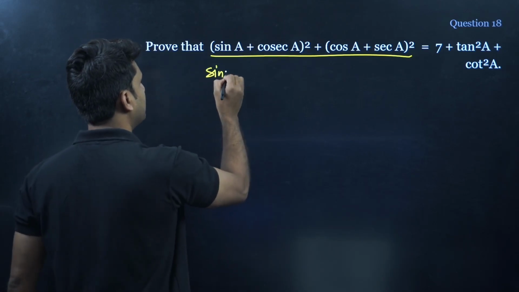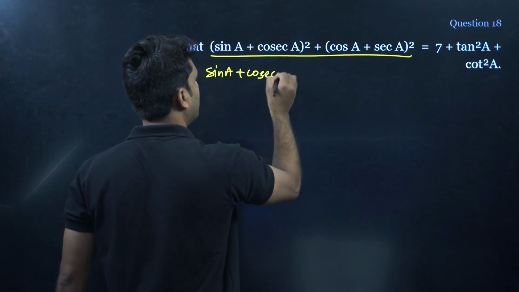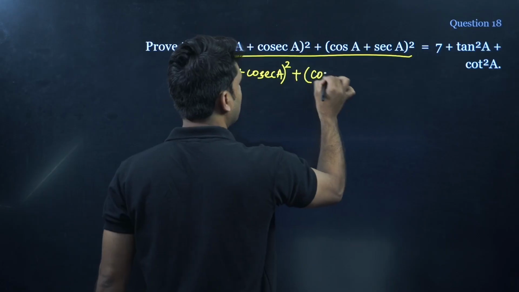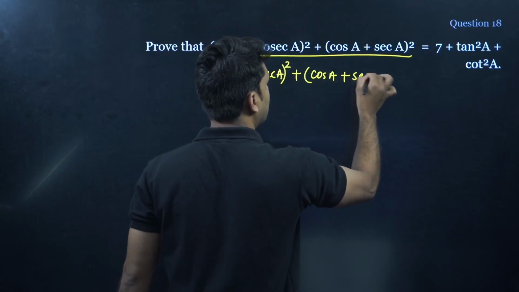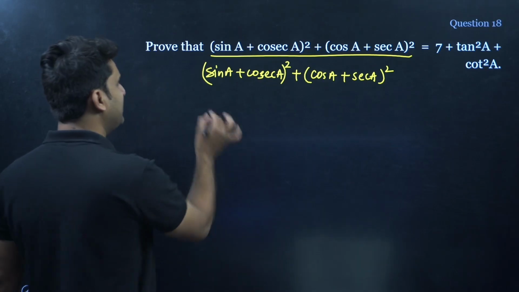So sin A plus cosec A whole square plus cos A plus sec A whole square. This is the A plus B whole square identity, guys.